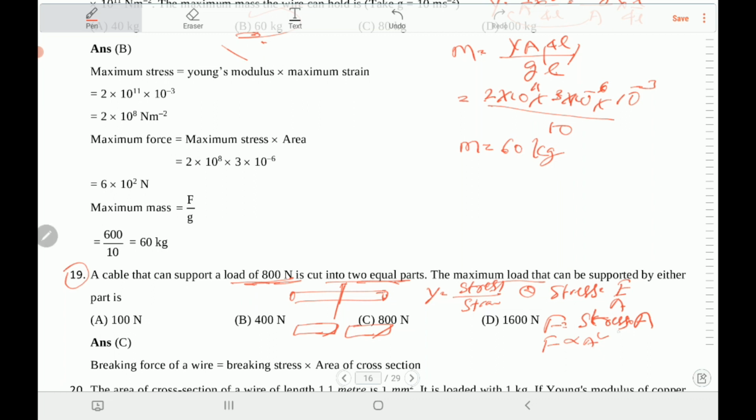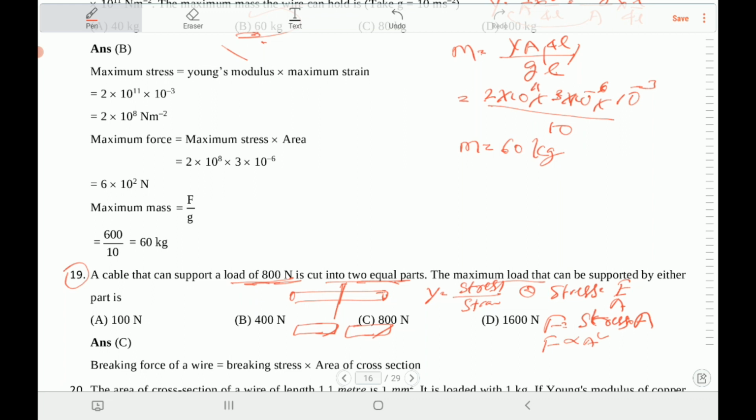It is independent of length. It depends only on the area. If you change the area, then the force per unit area, the stress, changes. But if you change length, nothing will happen. If you take a 1 meter wire or a 100 meter wire, to break it, the force required is a constant. It doesn't depend on the length. It's not that more length needs more force and less length needs less force.